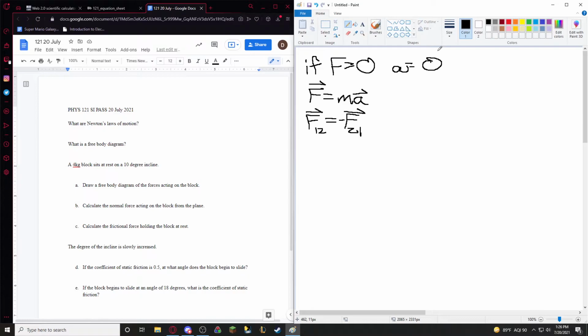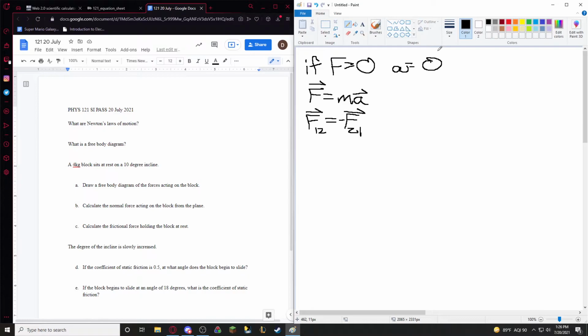Those are Newton's three laws of motion. They're not too complicated, and usually not too much of a holdup for a lot of students. The main thing is getting comfortable with Newton's third law, which conceptually doesn't make a lot of sense for people.